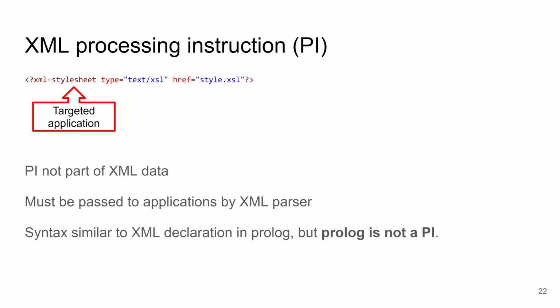For instance, here, the processing instruction targets an XML stylesheet processor. We'll talk about XML stylesheets in the next lecture. And it links to the stylesheet which can be applied to transform this XML document. However, this whole processing instruction is not part of the data inside the XML document.